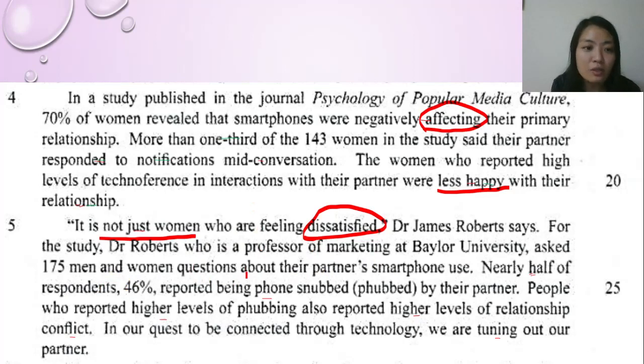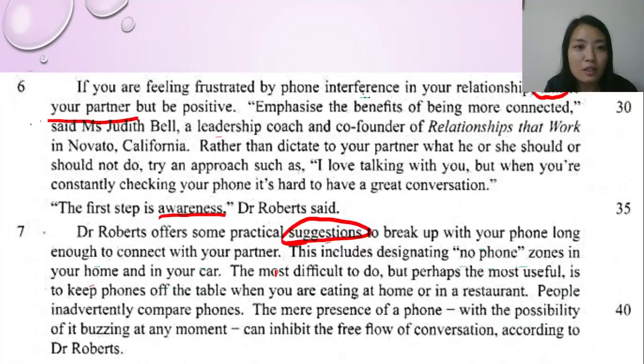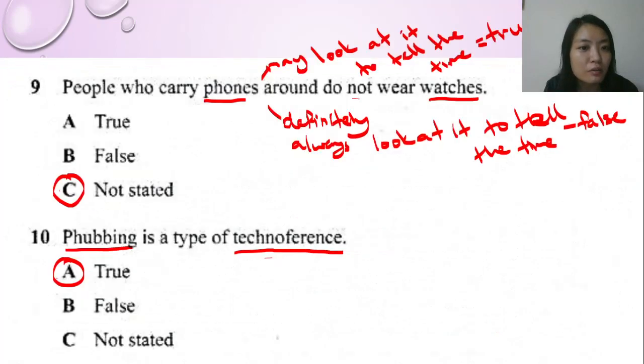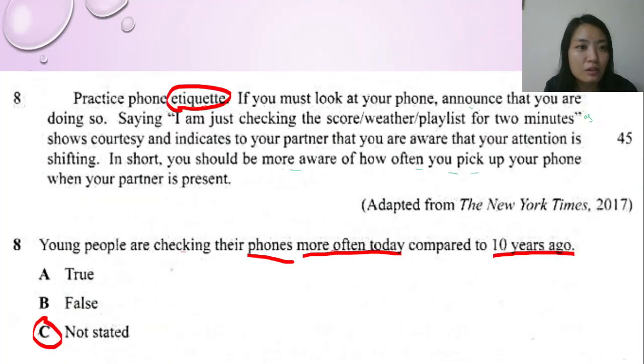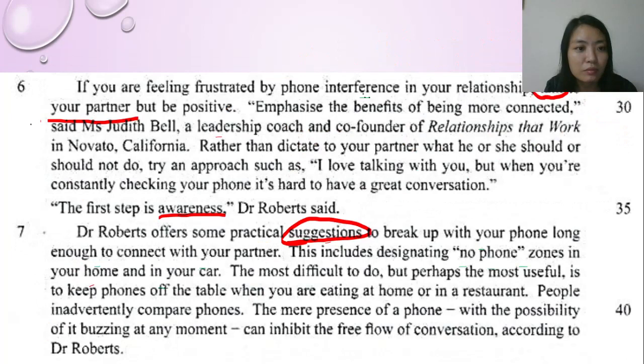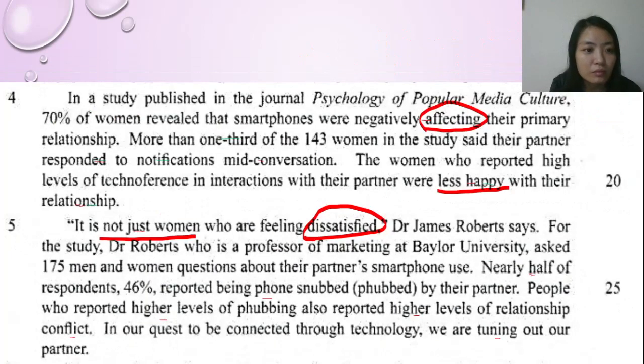And the second question now, it says 30%, right? Let's look back at the question. 30% said their partners texted using smartphones. So nearly half of the respondents, 46%, reported being phone snubbed. All right.